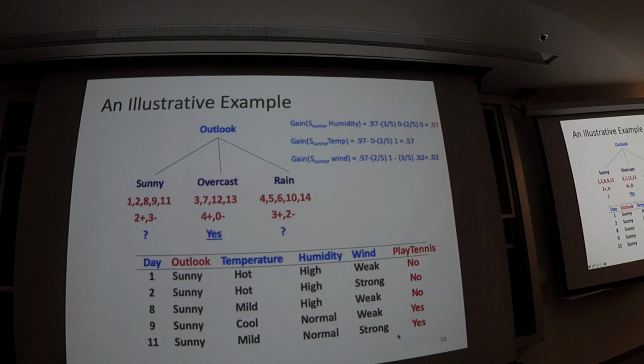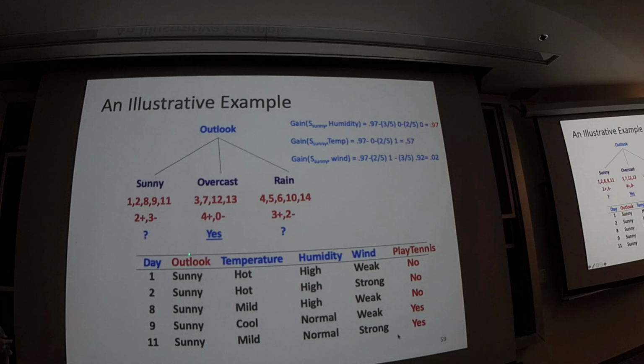So what should we do? Again, we apply the same procedure on each of these subsets. This subset has 5 examples corresponding to the sunny examples, with 2 positive examples and 3 negative examples. Now we select a feature from the remaining 3 attributes: temperature, humidity, and wind.